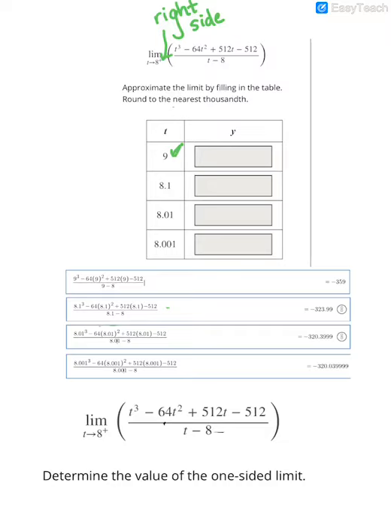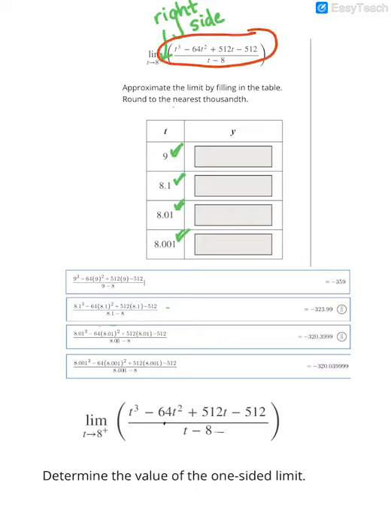So when you're filling out a table, you probably want to look at things like 8.1, and then get even smaller and closer to 8. So we could look at 8.01, and then even closer again, 8.001. And so using a calculator, we'll simply plug those values into our function, which is right here.